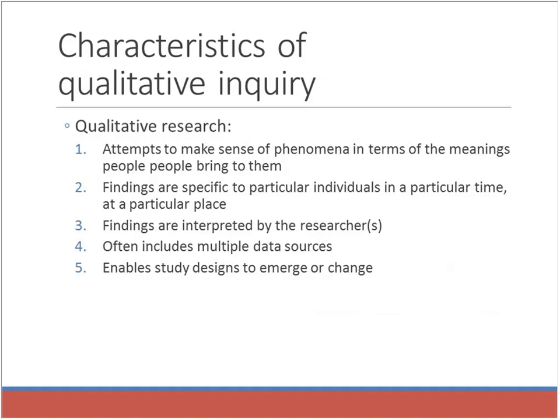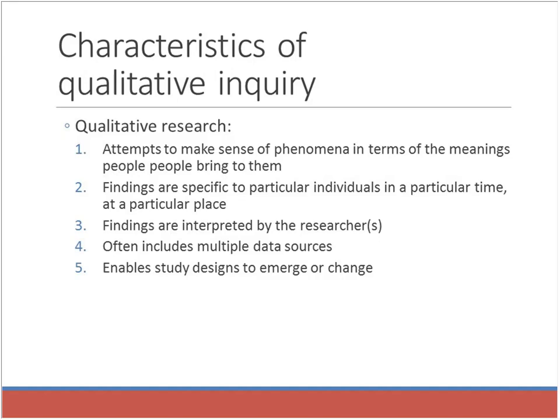We also get a really good picture of the whole person and the context in which they're functioning. Sometimes the more statistical work can get a little more reductionistic, where we're looking at one particular aspect. But in qualitative, we're really looking at the whole person in context and trying to get a really good understanding, in a rich and detailed way, of how they make sense of the broader world.